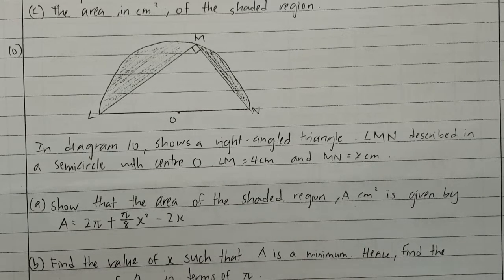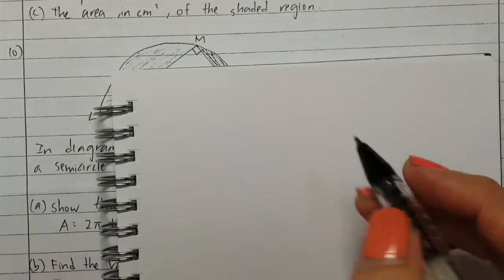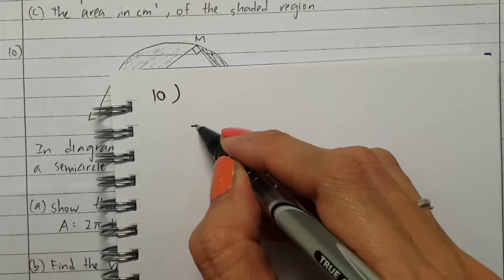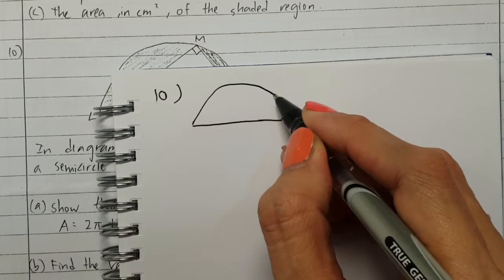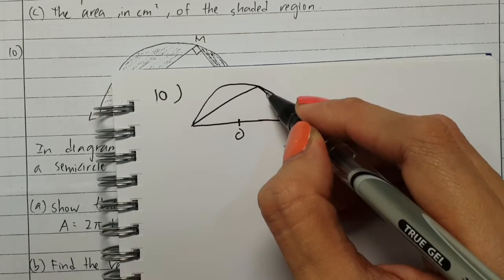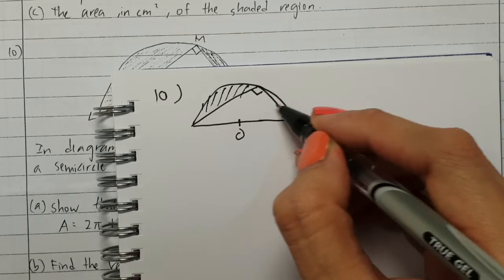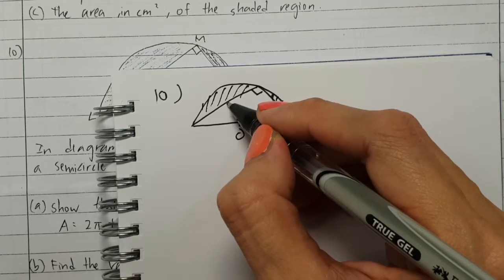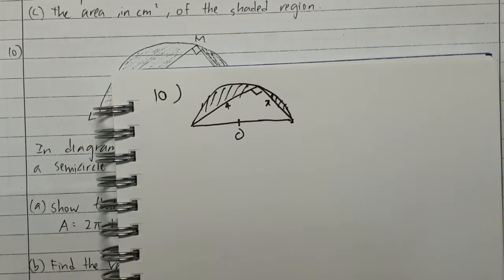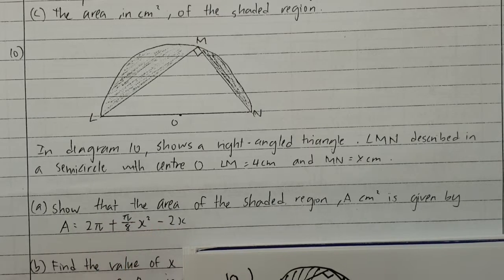Now let's solve this part. How do we solve? First we have the semicircle with center O, and then the LM, which is inscribed in the semicircle. It's a right angle triangle, and this is 4 cm, whereby this is x. So we want to show the area of the shaded region.